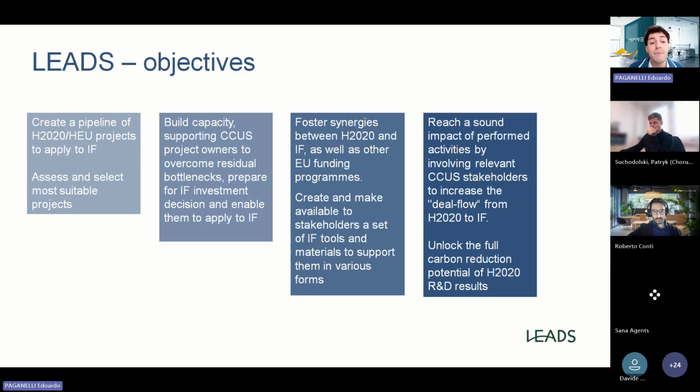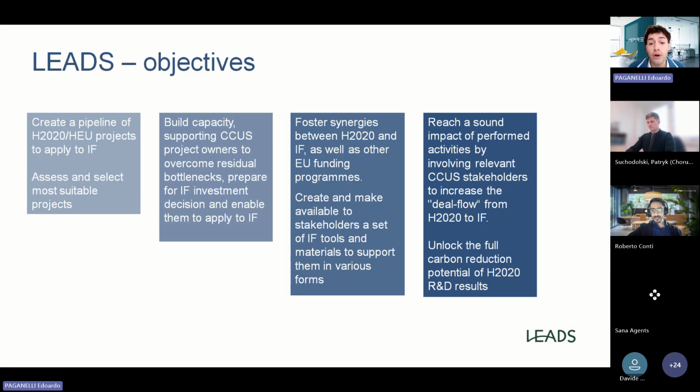We do so by building capacity, supporting CCUS project owners to overcome all the residual bottlenecks so as to allow them to prepare for the Innovation Fund investment decision and ultimately to apply to the Innovation Fund call.